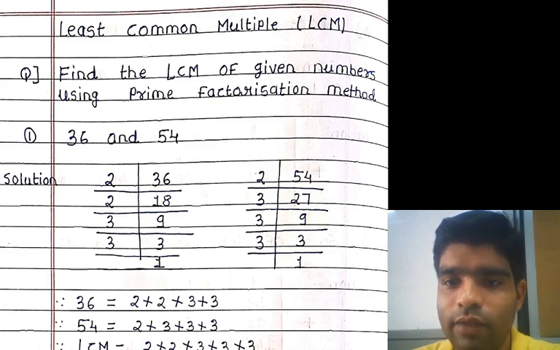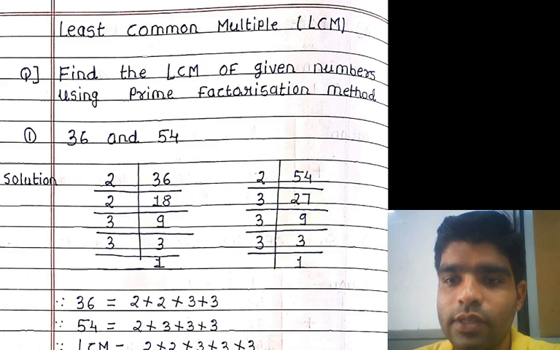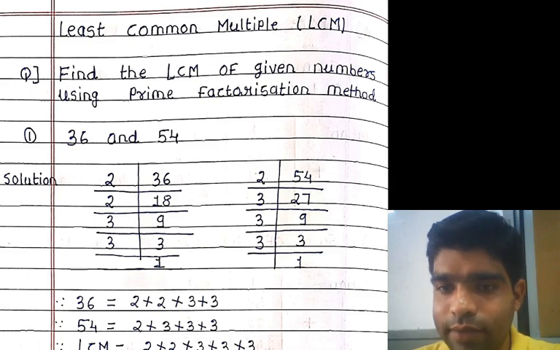Now the second row is 18. 18 is also divisible by 2 because 2 nines are 18, so we write 9 in our third row. And 9 is also divisible by 3 because 3 threes are 9.